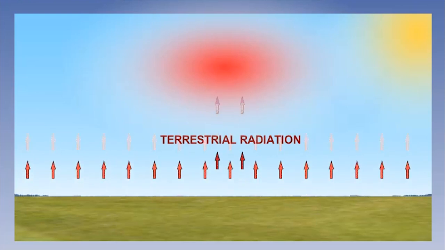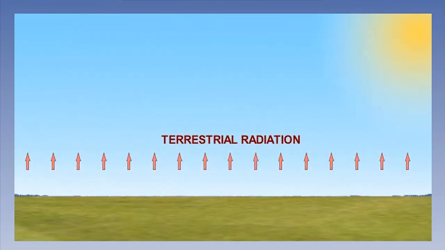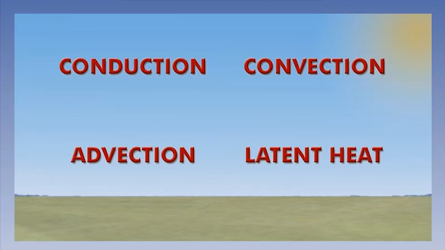This is the process called the greenhouse effect, and without it, the Earth would cool dramatically. There are other means by which heat is redistributed through the atmosphere. These are conduction, convection, advection, and latent heat release. Let's take a look at these in turn.